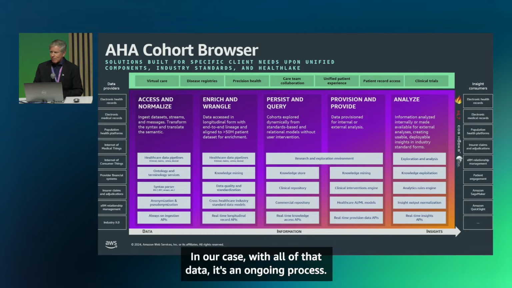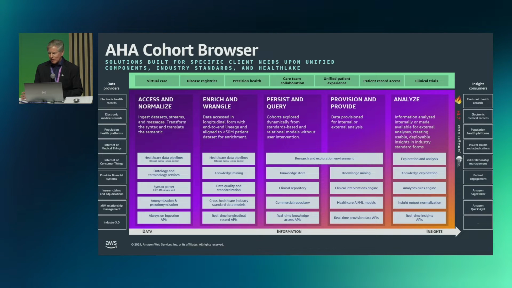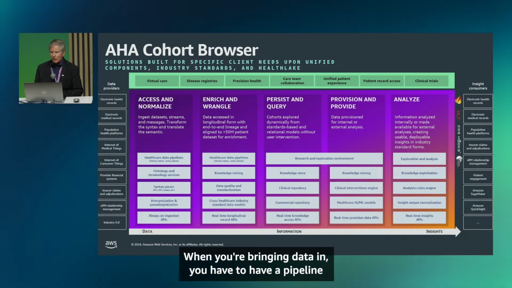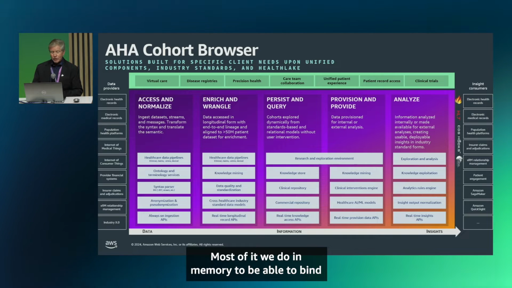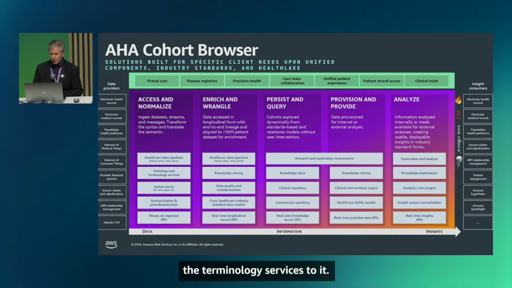In our case, with all of that data, it's an ongoing process. When you're bringing data in, you have to have a pipeline that you can do the ETL processing of it. Most of it we do in memory to be able to bind the terminology services to it.